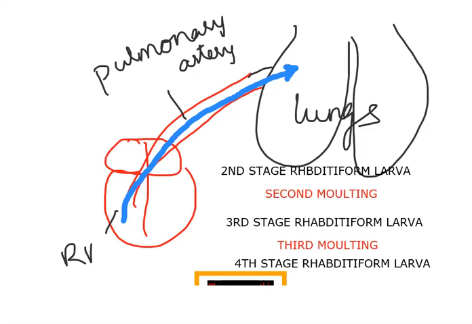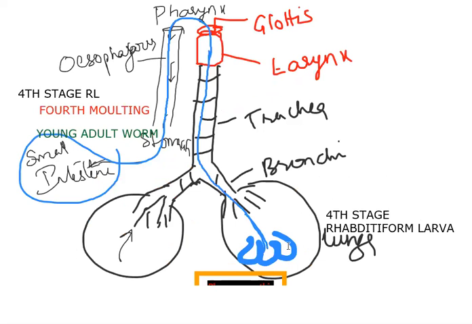And in the lungs, the fourth stage rhabditiform larva, which is present in the alveoli of the lungs, will come out, then start to travel again.